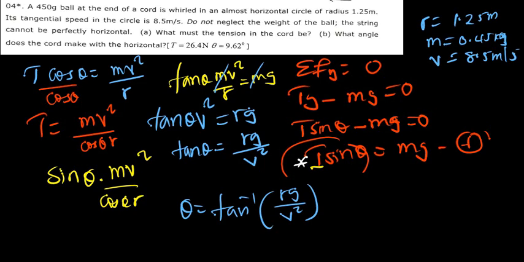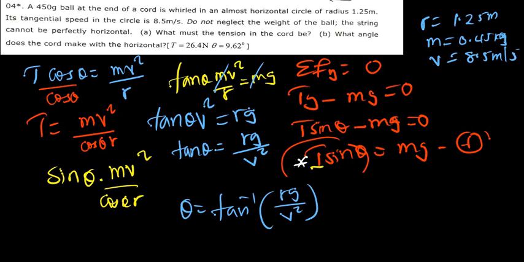Can that be correct? Definitely it has to. The radius is 1.25 times 9.8, 12.25. Shift tan 12.25 divided by 8.5.